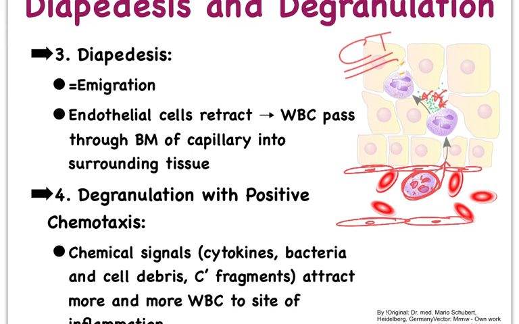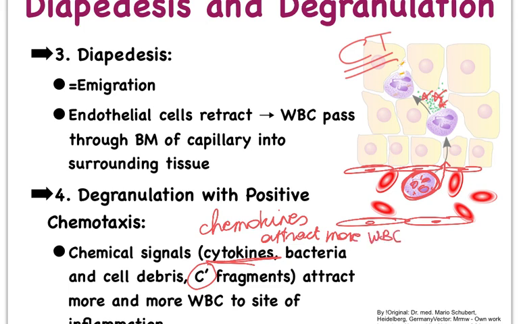Now, these granules are going to contain all kinds of chemicals that have multiple functions. We'll talk about what complement fragments are. We'll talk more about cytokines, but some of these cytokines are actually chemokines. We'll talk more about them, but they are going to attract more white blood cells towards the site of injury.